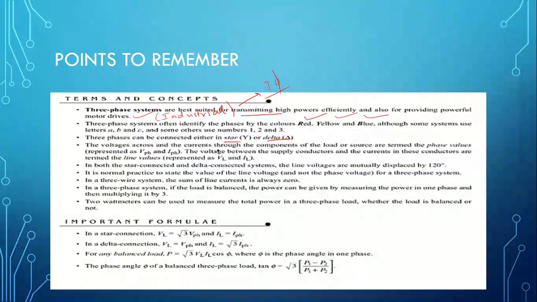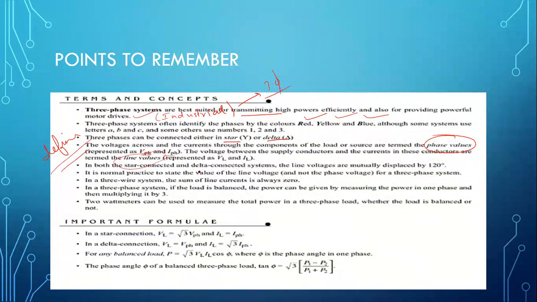The voltage across and the current through the components of the load or source are termed as phase values, VPH or IPH. The voltage between supply conductors and the current in these conductors are nothing but your line values. So this is your definition for line and phase.